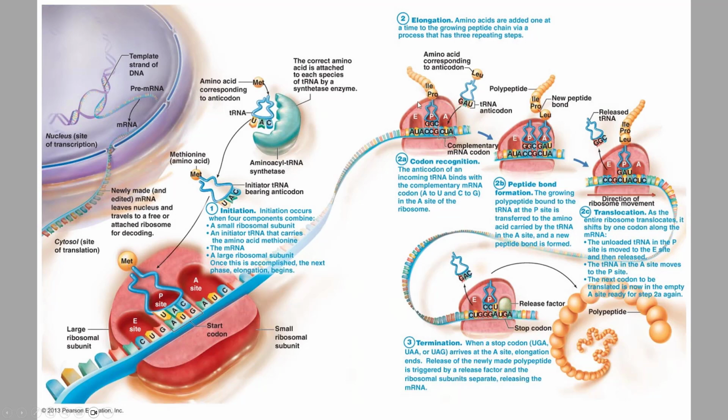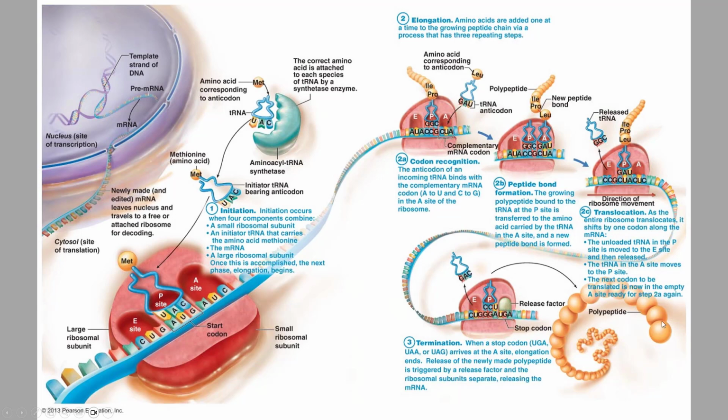Then we get to the next one. The ribosome keeps sliding along the messenger RNA, 3 letters at a time. tRNA keeps bringing more and more and more amino acids. So the amino acid chain keeps getting longer and longer and longer until we get to stop.